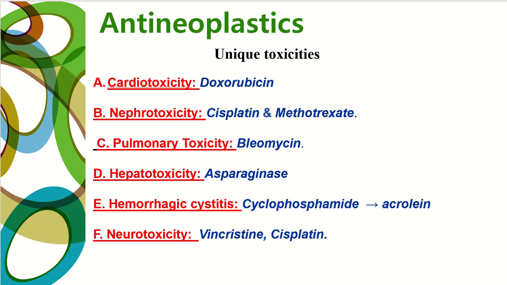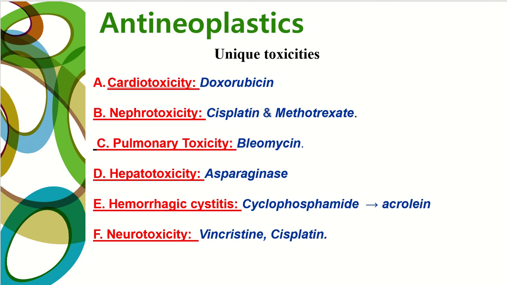So I did mention that a lot of these antineoplastics have associated toxicities, and just to mention the unique toxicities of some of these agents. So we did talk about vincristine and vinblastine, so it has neurotoxicity, and cisplatin, ironically, as well has nephrotoxicity, and we can see a variety of toxicities there.